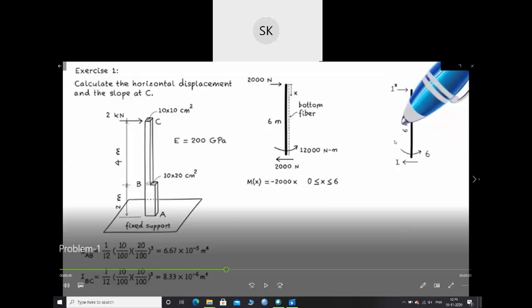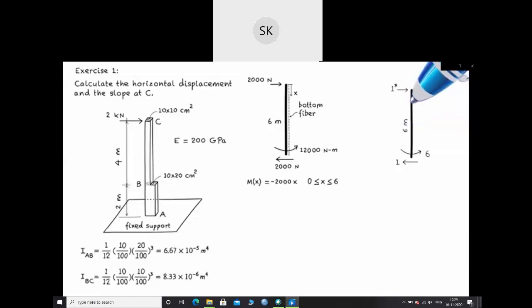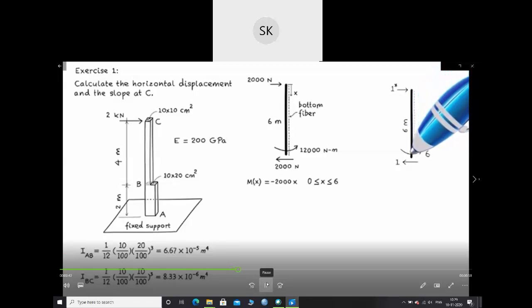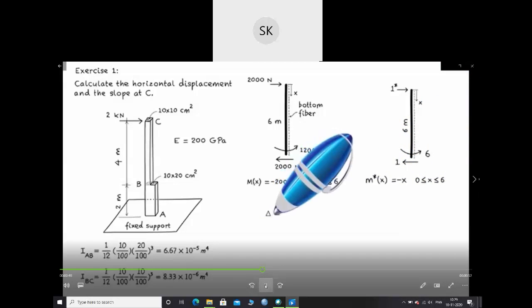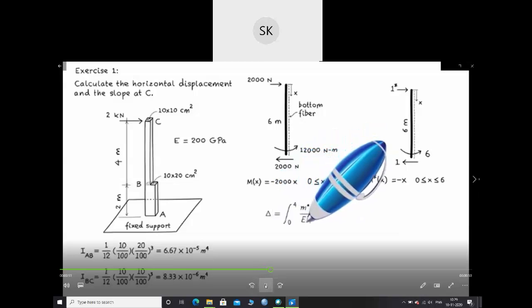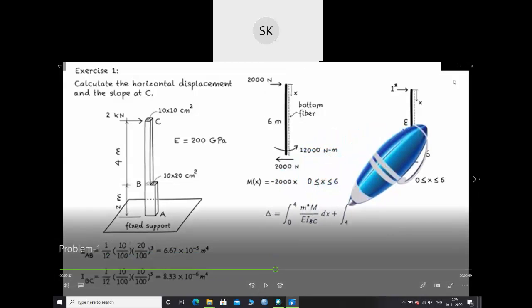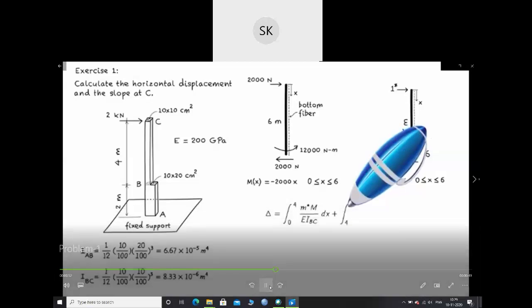And in this part, they have applied a virtual load instead of 200 Newton, and they will find out the moment equation. Hope this part is clear. In this case they applied the real load, and in this case they have applied a virtual load.